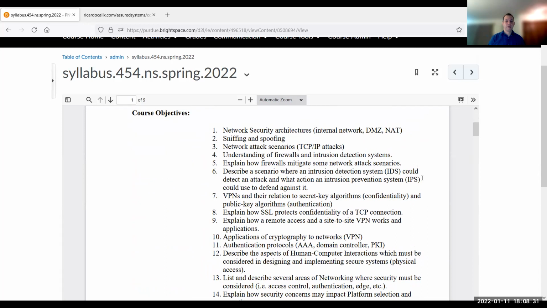I always give this analogy when I talk to students. If you're a marine biologist, what do you study? You study the ocean, right? And you study the animals in the ocean. So if you're studying network security, what's your ocean, do you think? The internet.